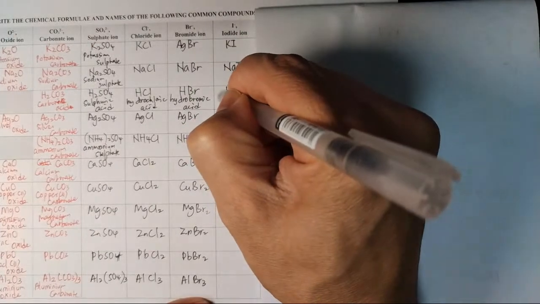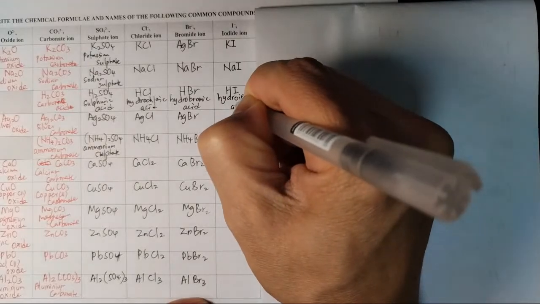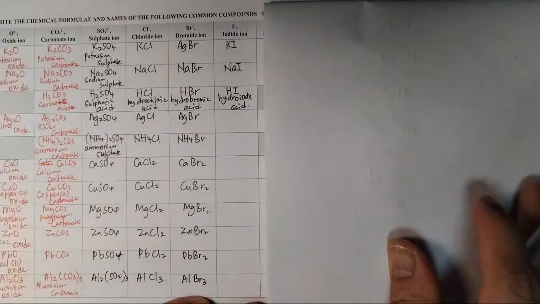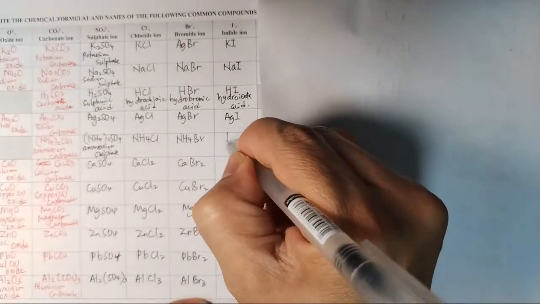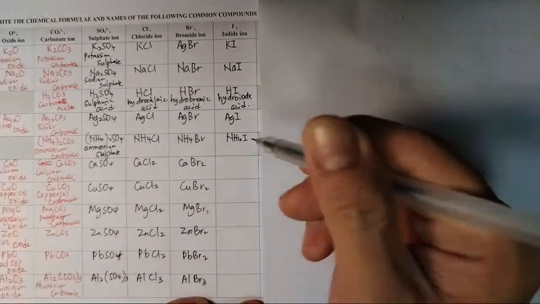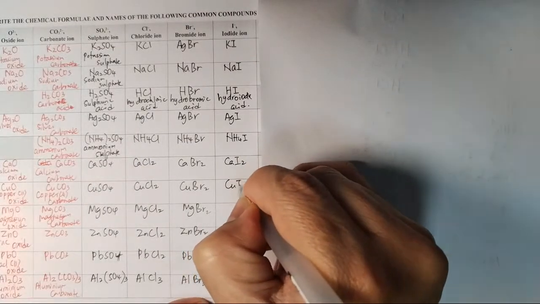Yeah, hydroiodic acid. Yes, but it's not that common. Hydroiodic acid. Okay, correct. Then is silver iodide. Okay, ammonium iodide, calcium iodide, copper 2 iodide.